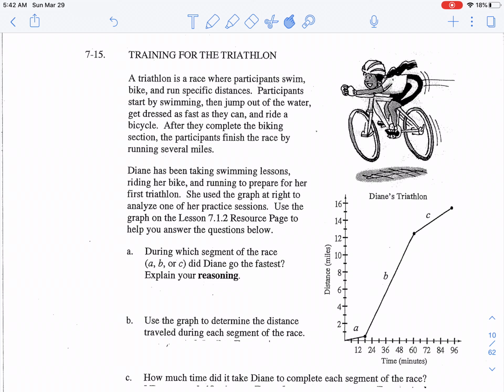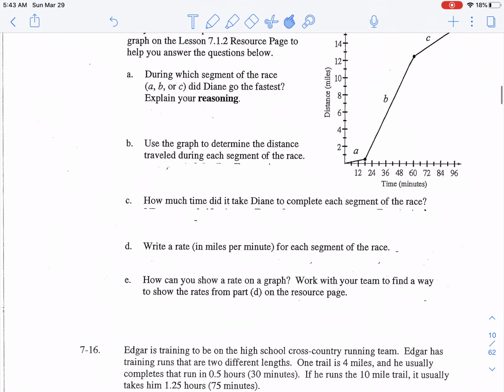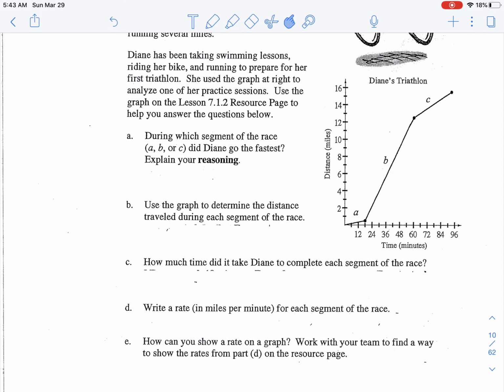Using the graph, you can go back and get the resource page at the very end of this lesson, but I think we'll be okay with this graph. Part A says, during which segment of the race, A, B, or C, did Diane go the fastest? So let's look at the lines.